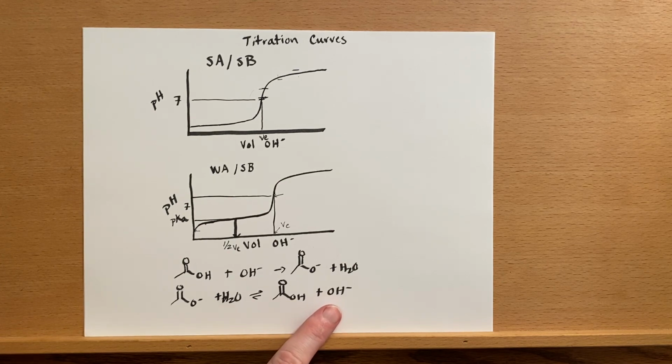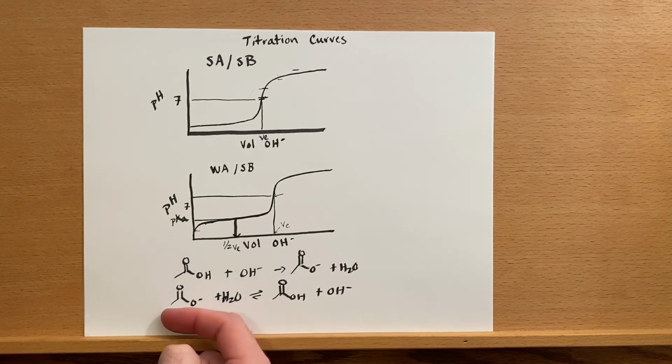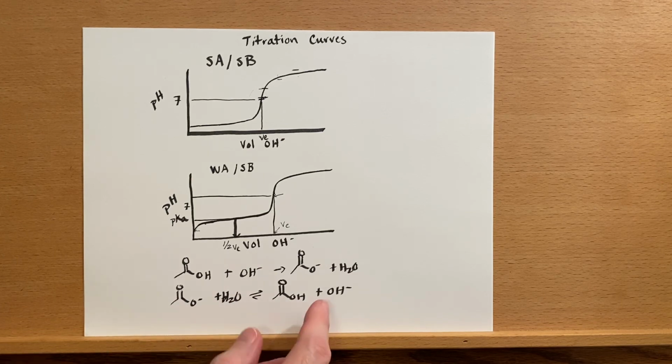Now, what does Le Chatelier's principle say? If I were to add in some hydroxide ion from an outside source, such as a burette, then that would shift the equilibrium back towards the reactants.